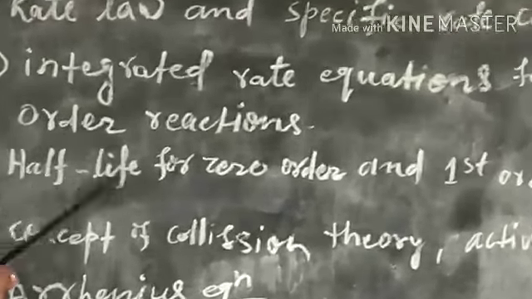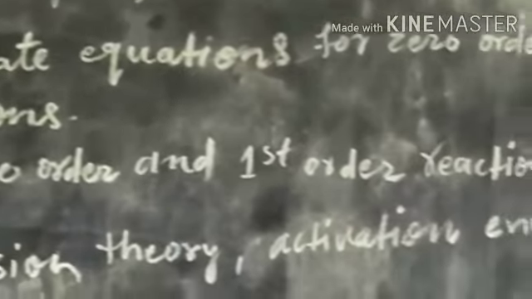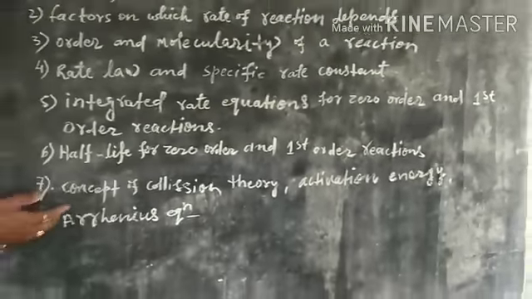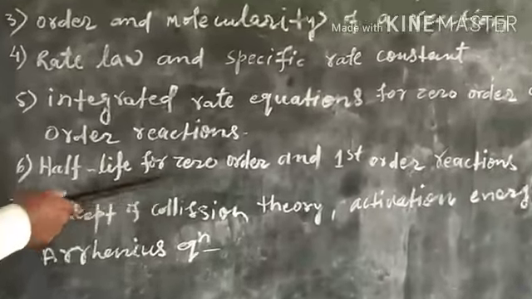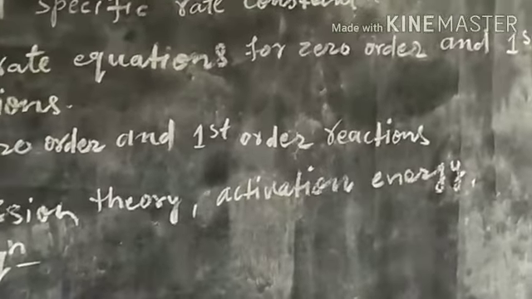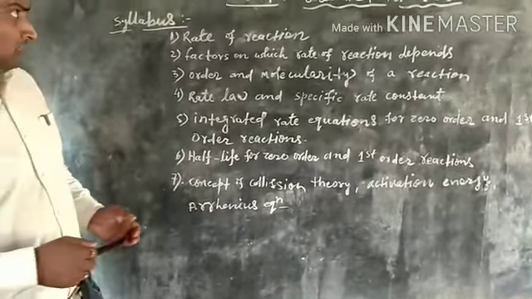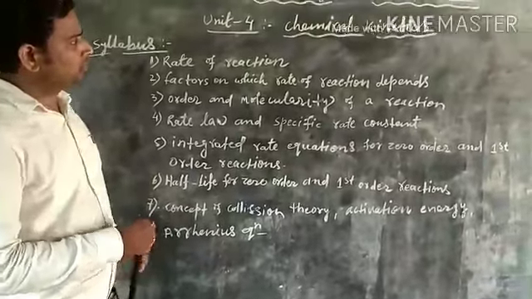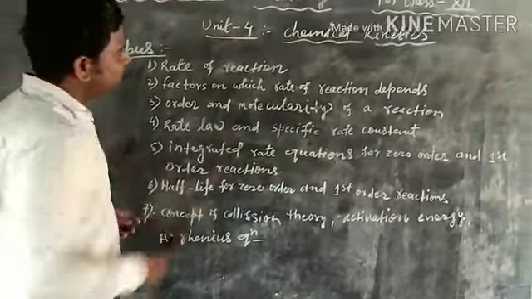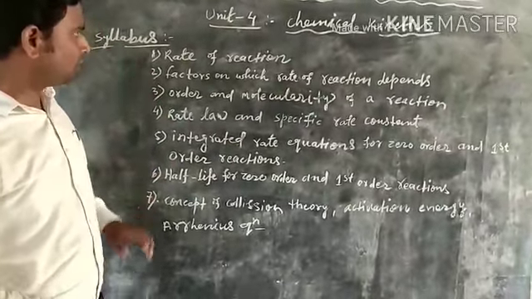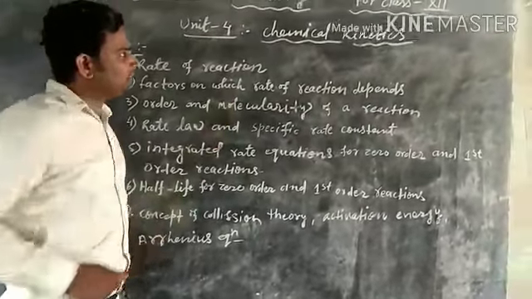Then half-life for zero order and first order reactions. And then we will study the concept of collision theory, activation energy and Arrhenius equation. First of all, we will know what chemical kinetics is, and then we will discuss all the things one by one.